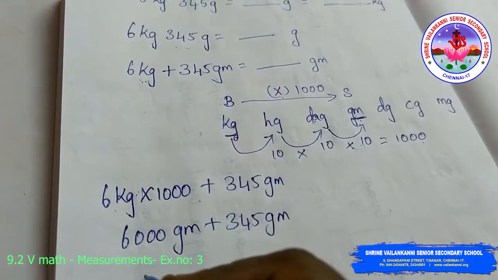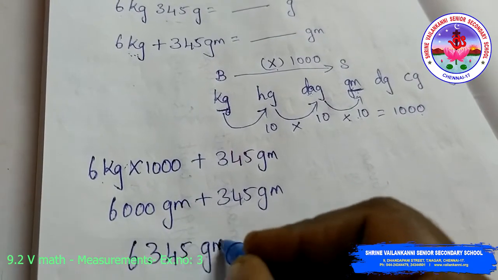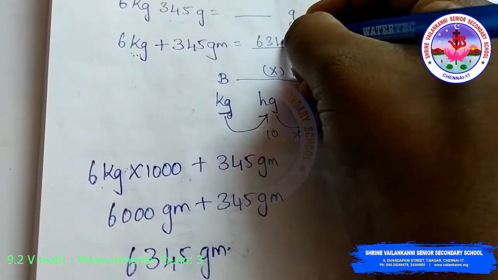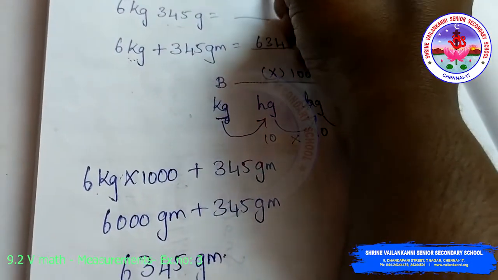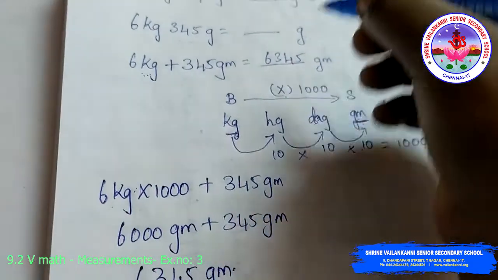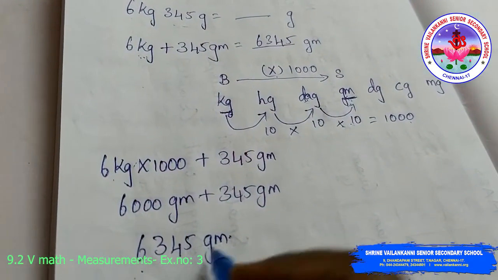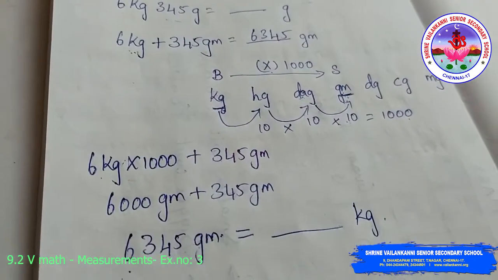So what will you get? 6345 gram. So the answer is 6345 gram. Here also I am writing 6345 gram. Now we are going to convert this 6345 gram to kilogram.